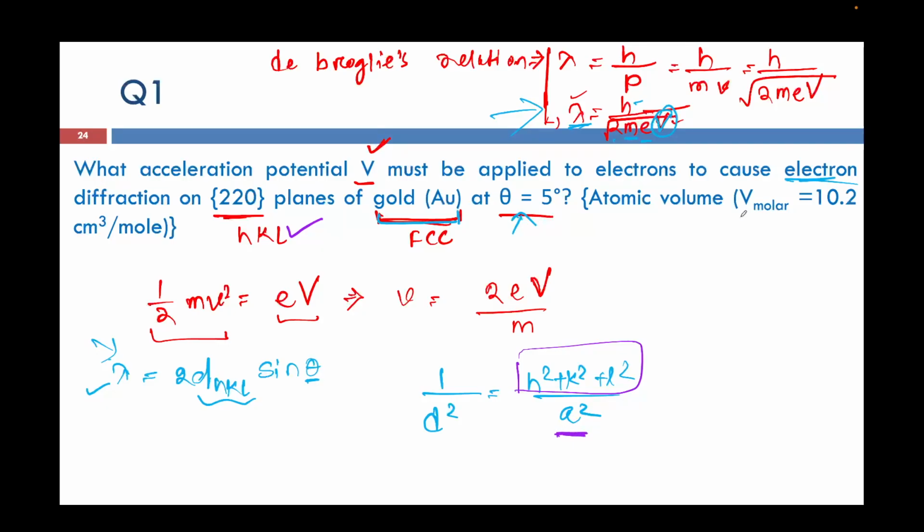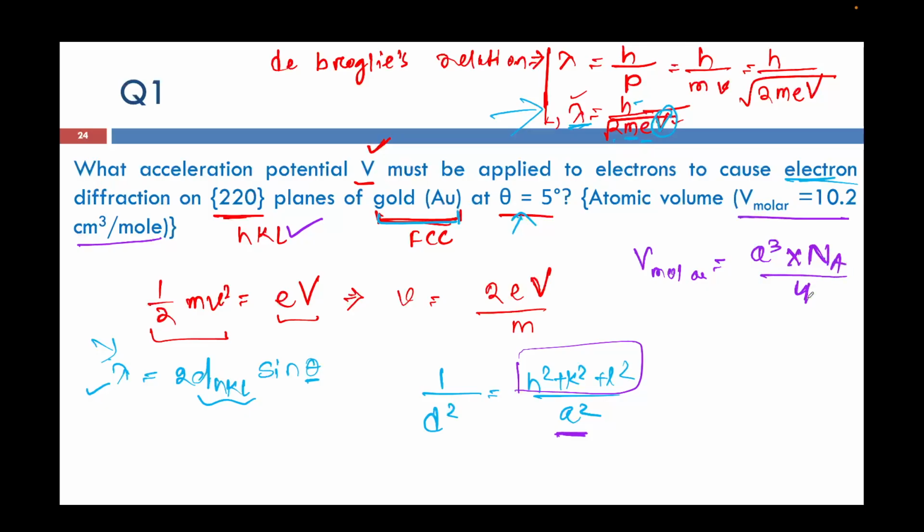So here another terminology is given as V molar, that means molar volume has been given, per mole. So how do I calculate molar volume? Molar volume is given by, let's say, a cube, lattice parameter per mole, that means Avogadro's number, into the lattice parameter cubed divided by 4.